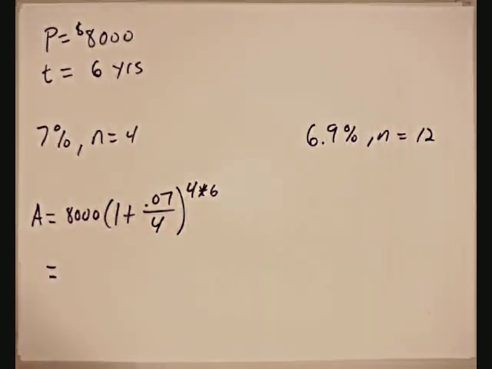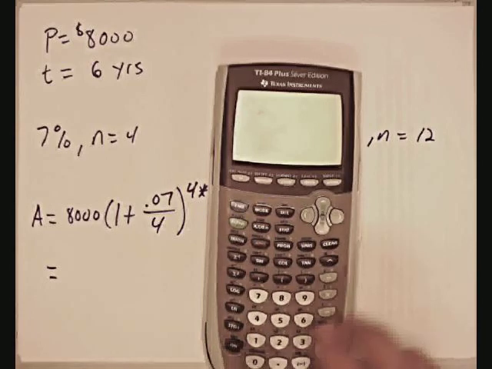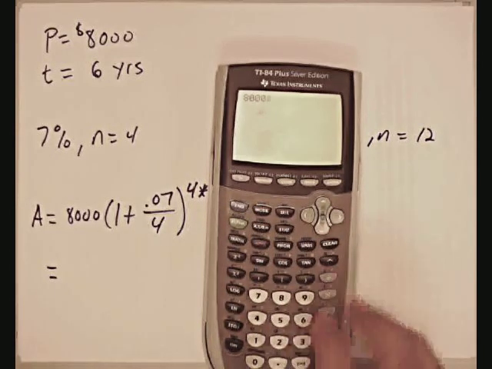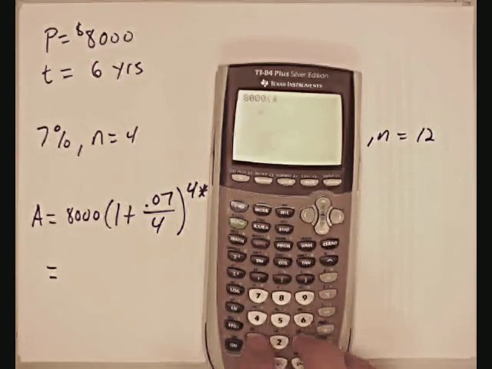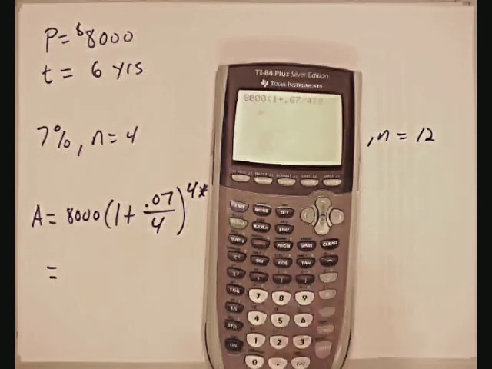Okay, so on your calculator, we would have 8,000 in parentheses 1 plus 0.07 divided by 4 raised to the, in order to get this correct, you either have to do 4 times 6 is 24 in your head, or you have to use parentheses around 4 times 6.